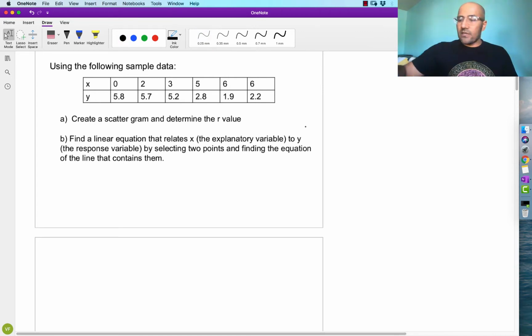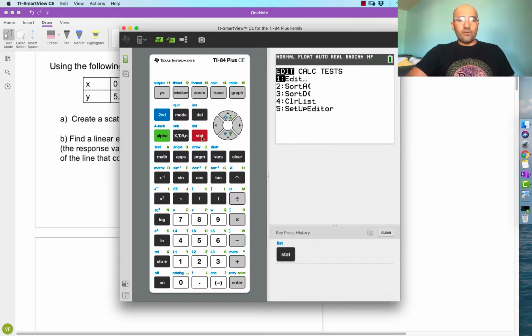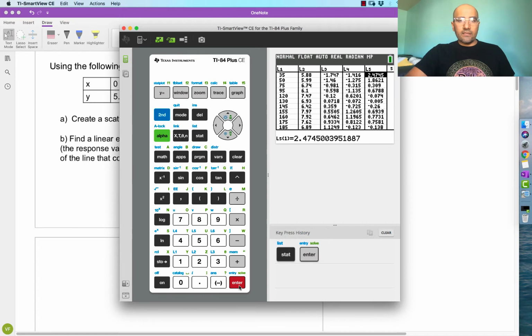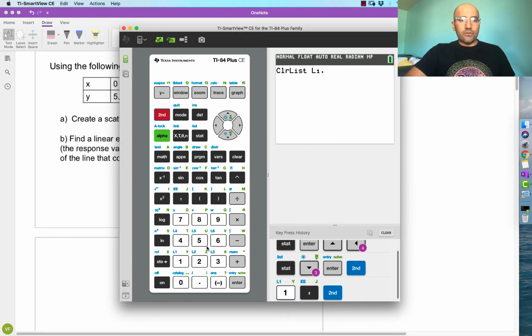Let's begin by using our calculator since we learned how to do that in the previous section. Let's go to Stat, Edit, and I don't need any of these things. I can go one by one and delete them, or I can hit Stat and then Clear List, and then do L1, comma, L2, comma, L3, comma, L4, comma, L5.